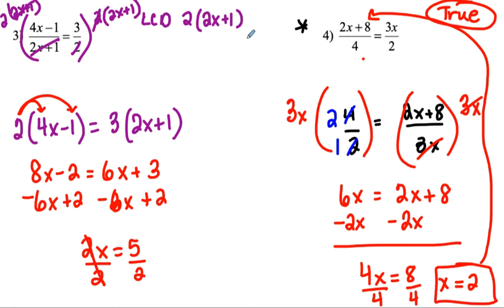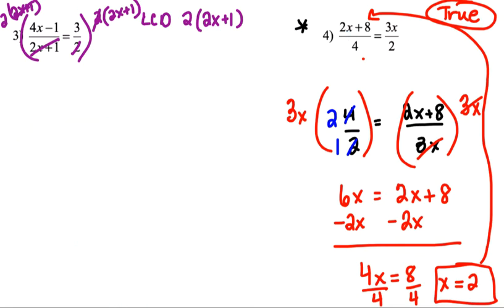Okay, now there is actually one other way I could do this problem, so I'm actually going to erase this. I'd like you to see this. I happen to notice that the top had a common factor of 2, so I could pull that out, and I'd be left with 2x plus 4 on the top. Make no changes other than that. I love that in math you can do it two different ways.